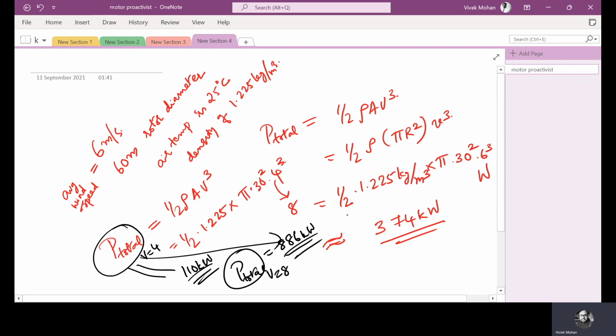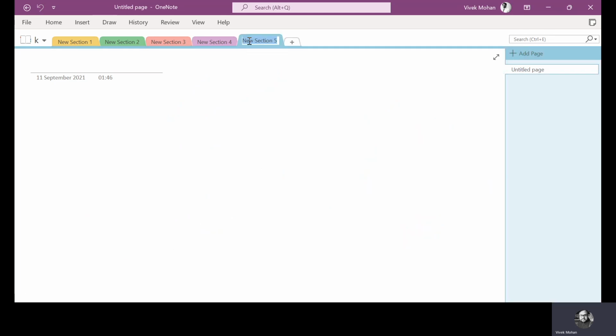Now let's see the aerofoil and the aerodynamics of wind turbine. So here, let's say the aerofoil is like this. The aerofoil is like this.